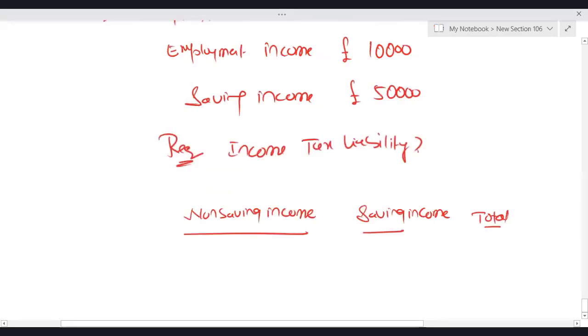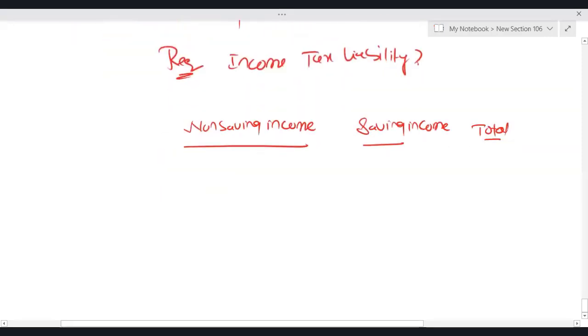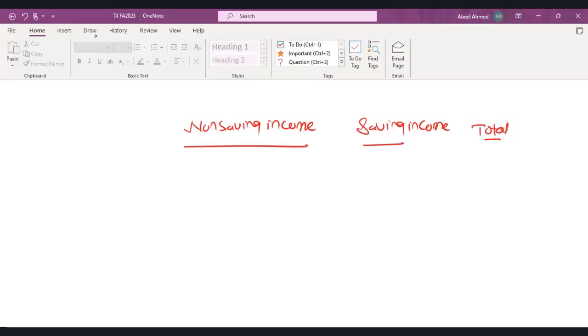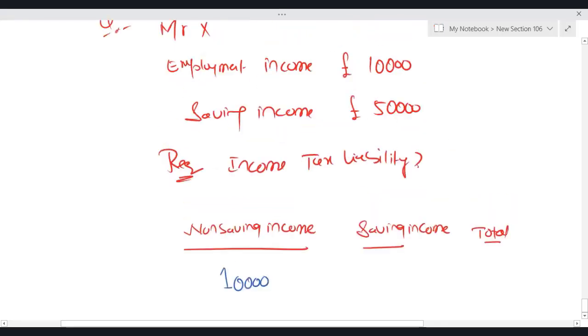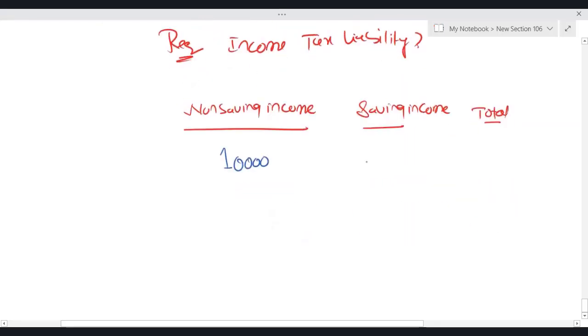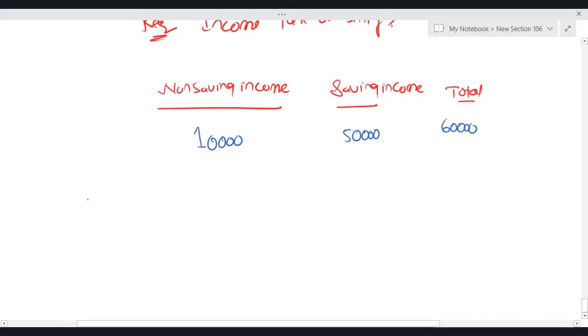Total. Employment income is 10,000. Saving income is 50. So the total is 60,000. Personal allowance. Obviously, first we deduct the personal allowance from the non-saving income.